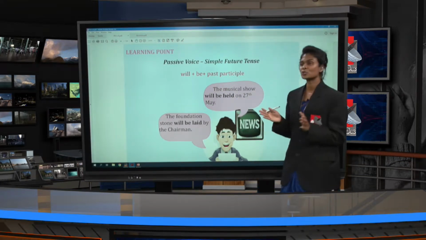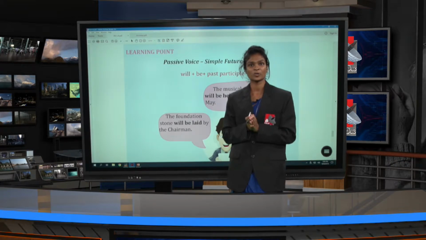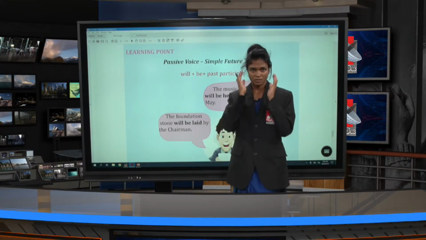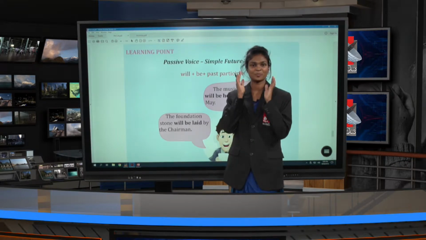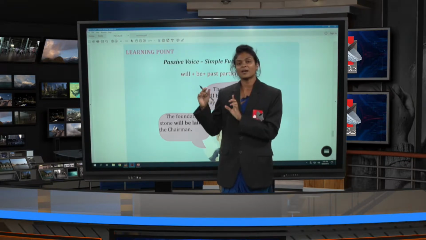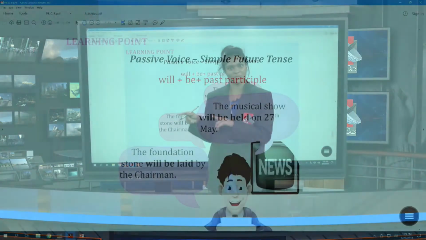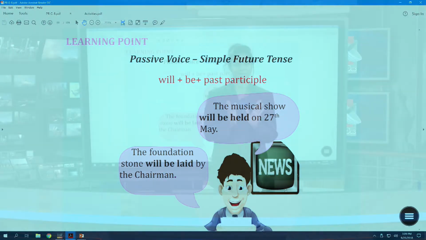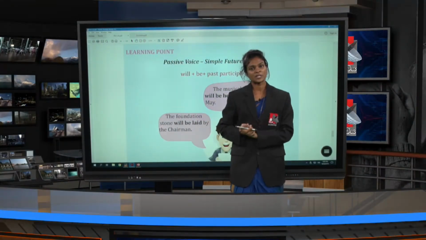Before that, I think you should be well aware about the simple future tense in active voice. What is active voice? That means there should be an agent or the subject, then will plus verb, infinitive verb, then the object. What is this future tense?